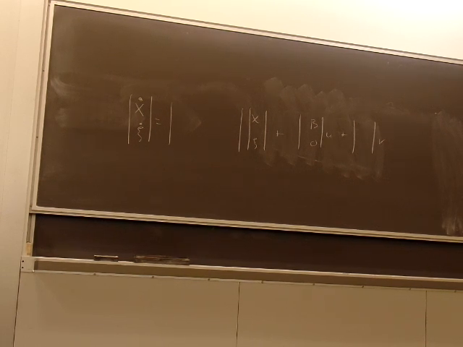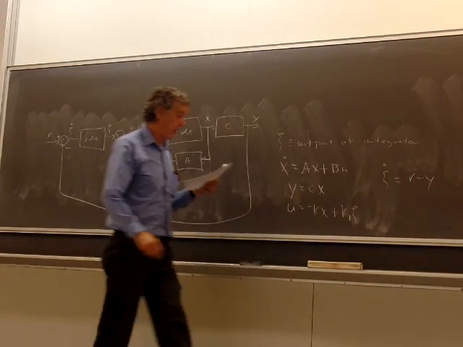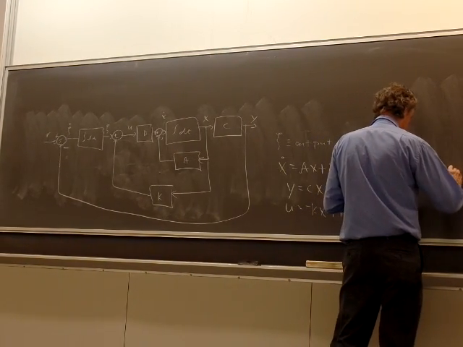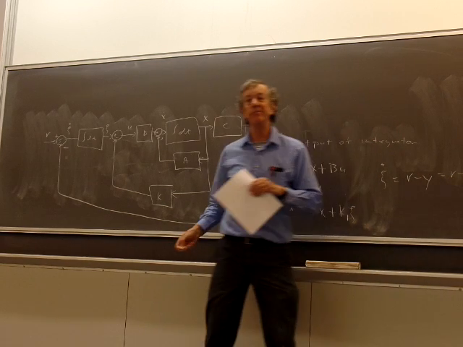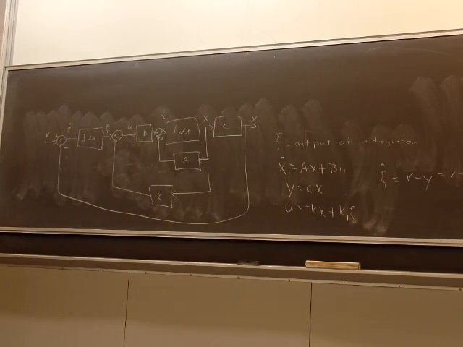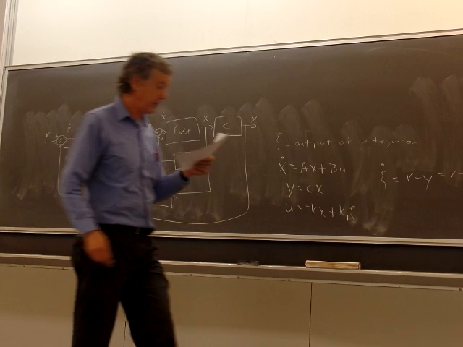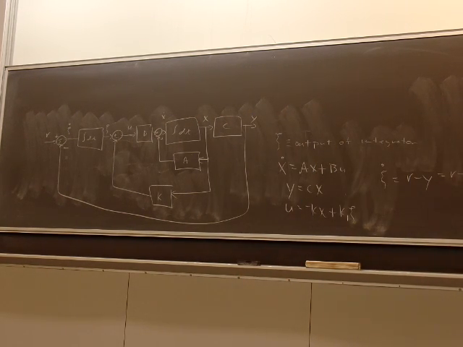This is an integrator, and the input is R minus y, or R minus C x. So if you look at these state equations and put them into the matrix form, this is 0, this is A, and these are matrices, these are scalars.